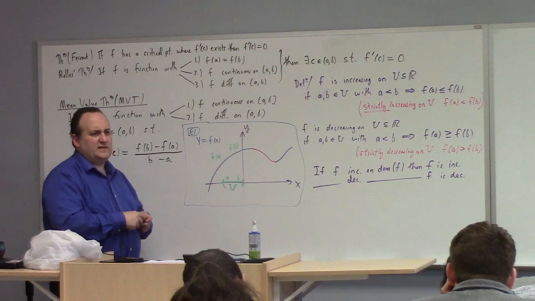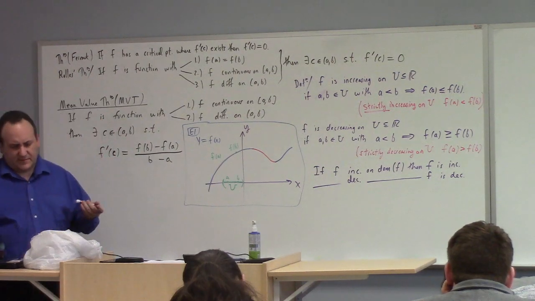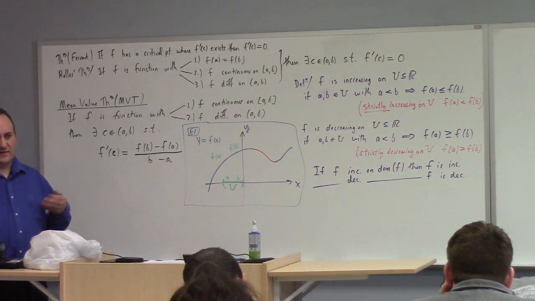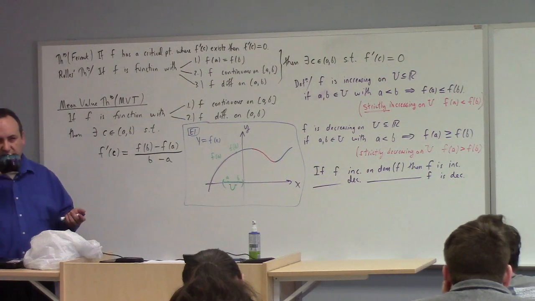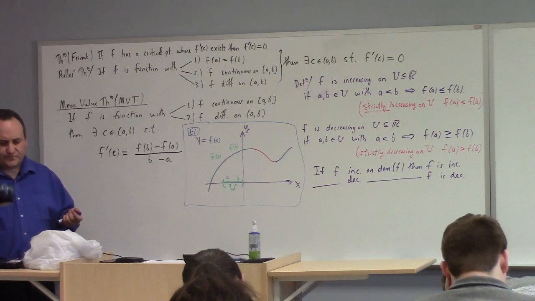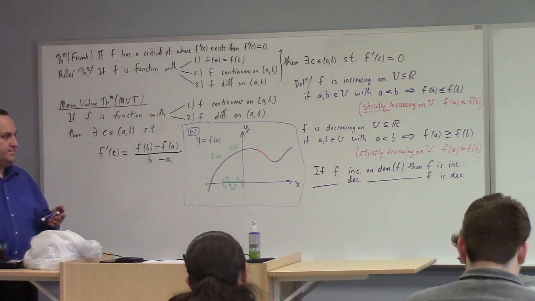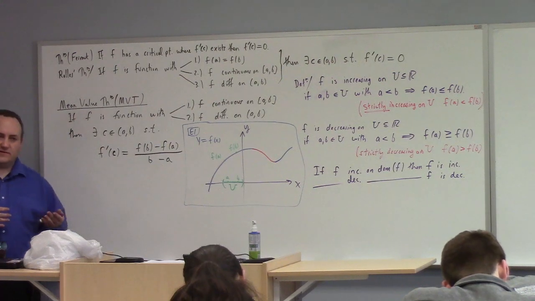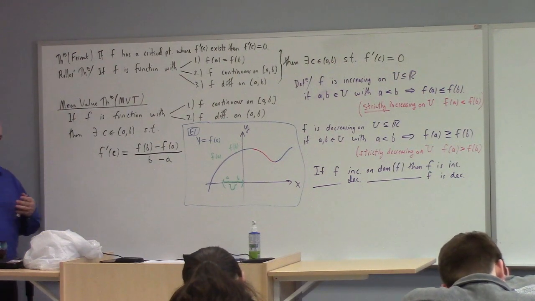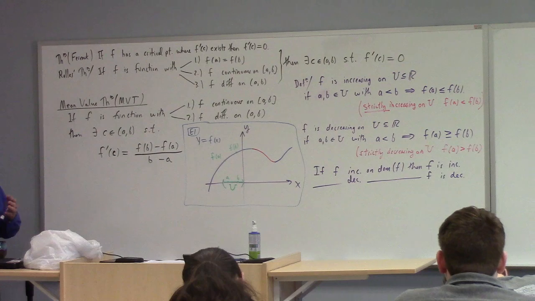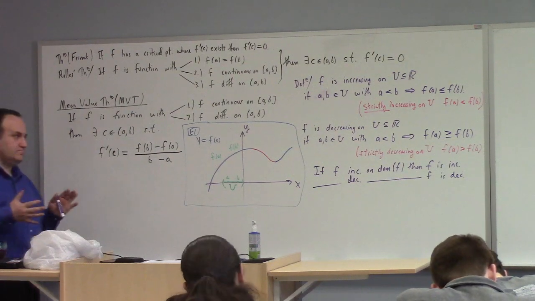We don't usually talk about this concept too much, but in principle, you could talk about a function which is everywhere increasing or everywhere decreasing. But to be careful, the definition of increasing and decreasing is a concept which depends on a set.